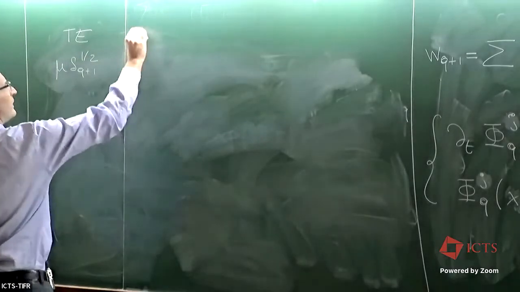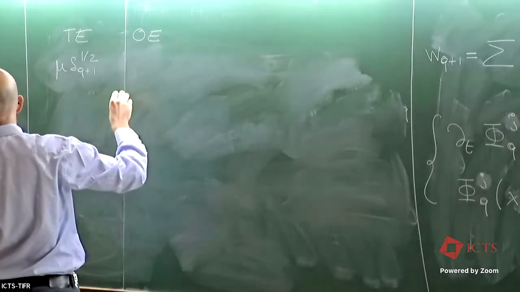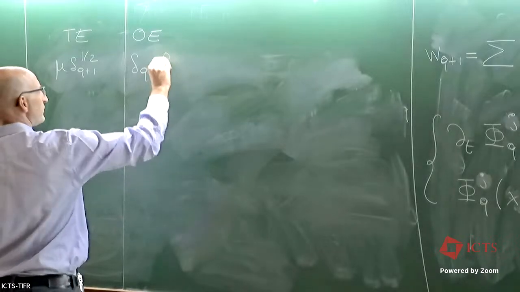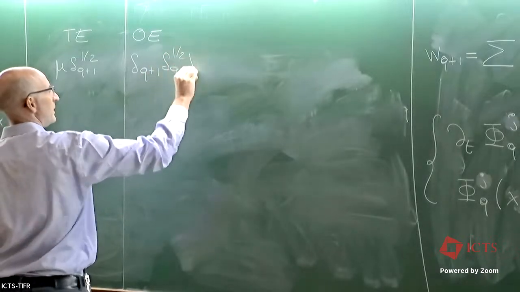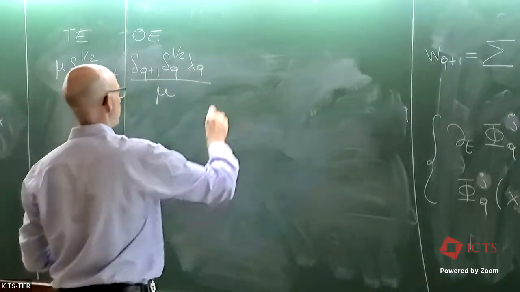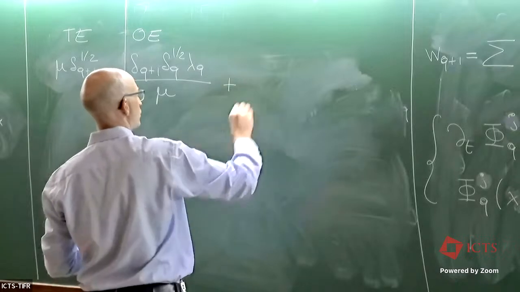Okay, that is the oscillation error, and that is this delta q plus 1, delta q to the 1/2 lambda q divided by mu. Okay, and there is the Nash error, which is this guy.